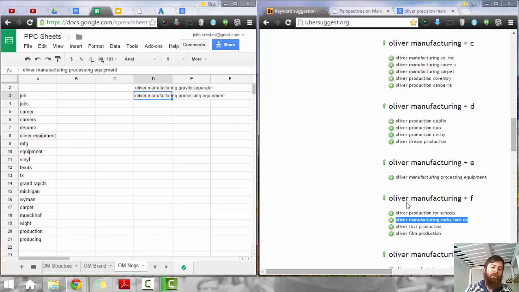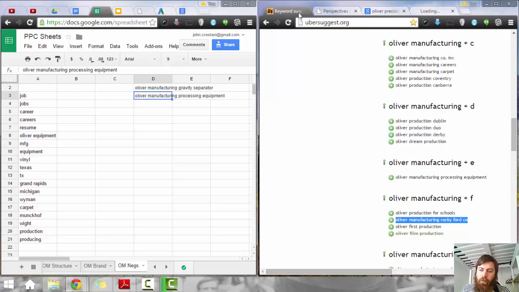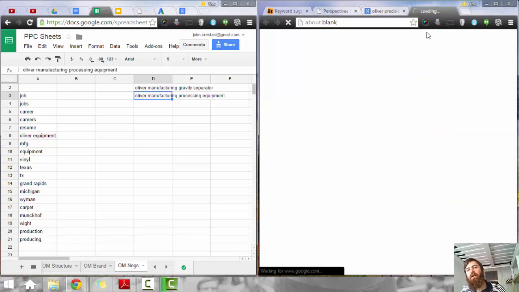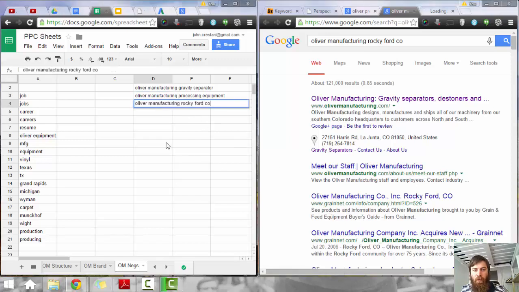Oliver Manufacturing Rocky Ford, Colorado. So now we know there's Oliver Manufacturing in La Junta, Colorado, but maybe it's also in Rocky Ford. Grain and Feed Equipment Buyer's Guide. So let's look at this.